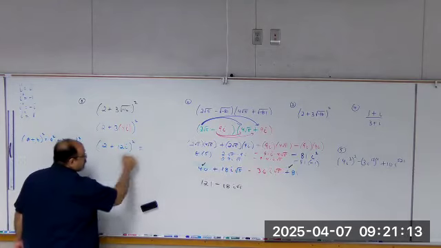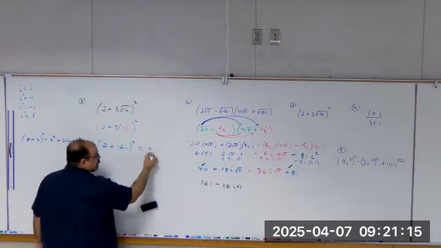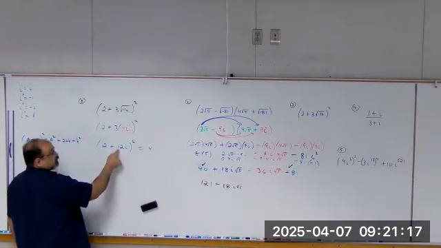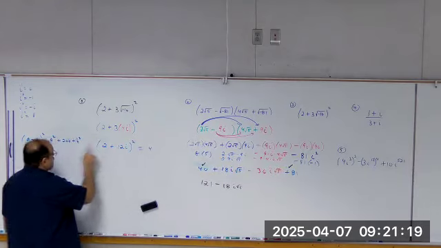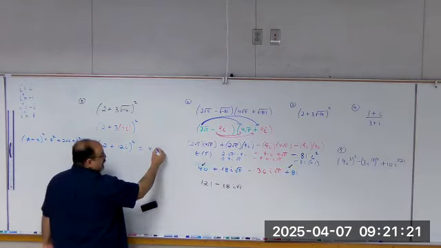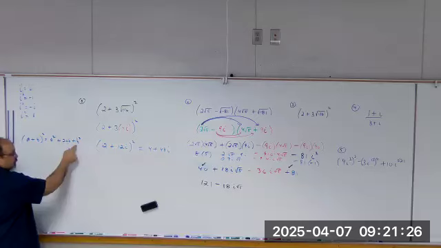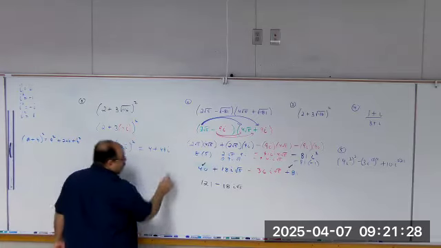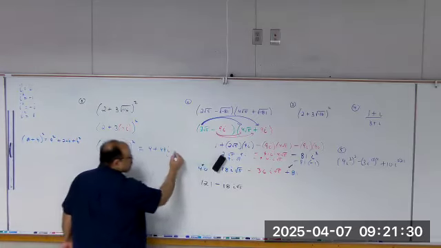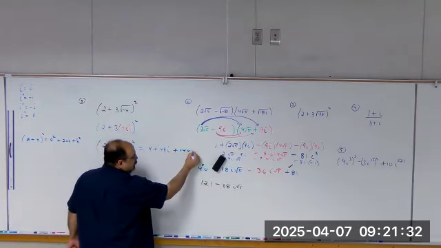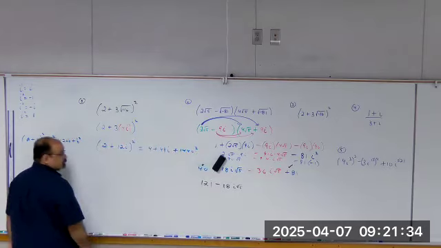You would put 2 squared is 4. 2 times 12 is 24, so that's 24i. Then you got to double it. So you have a 48i. And then you square the last term. So 12i squared would be 144 i squared.